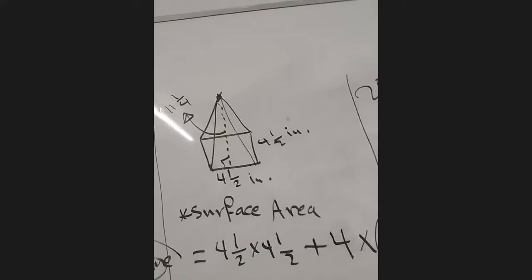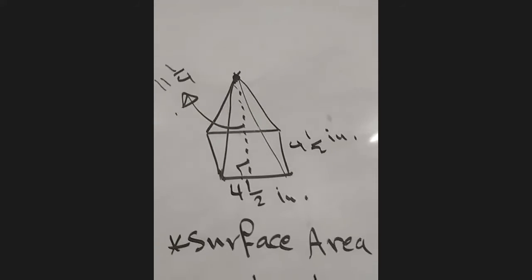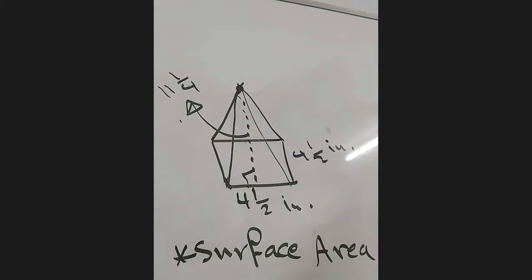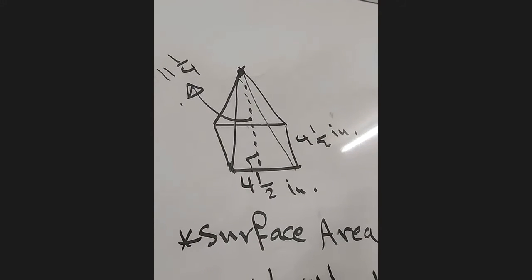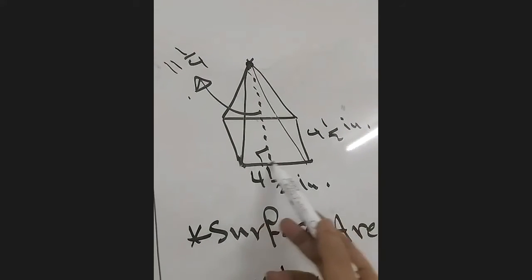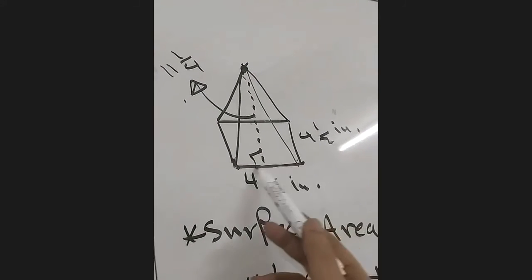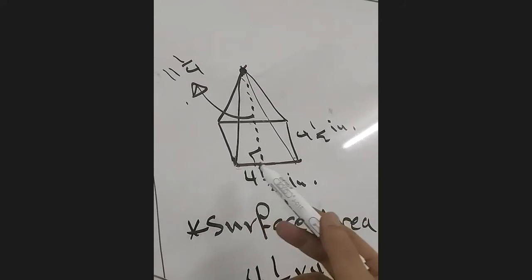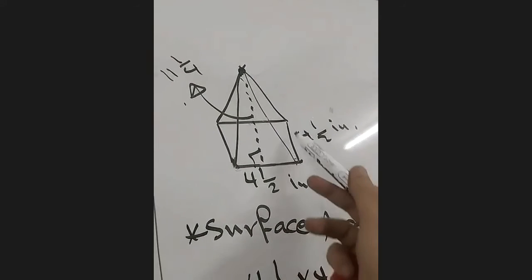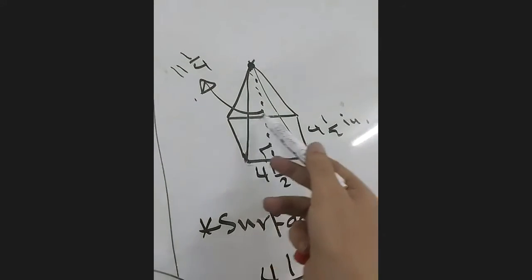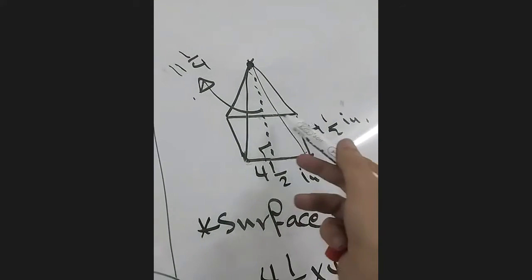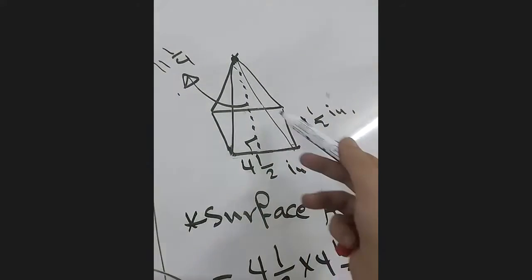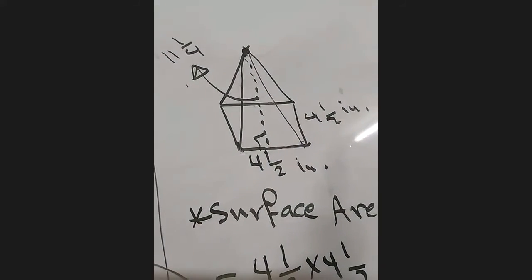Mister, the surface area is the area of the base plus the area of the 4 triangles. How much is this side? 4 and a half. How much is this side? 4 and a half. And here? 4 and a half. And the height is also equal, right? Yes.